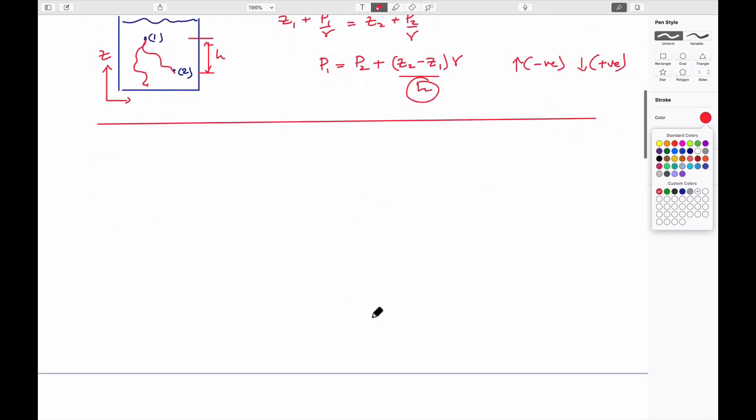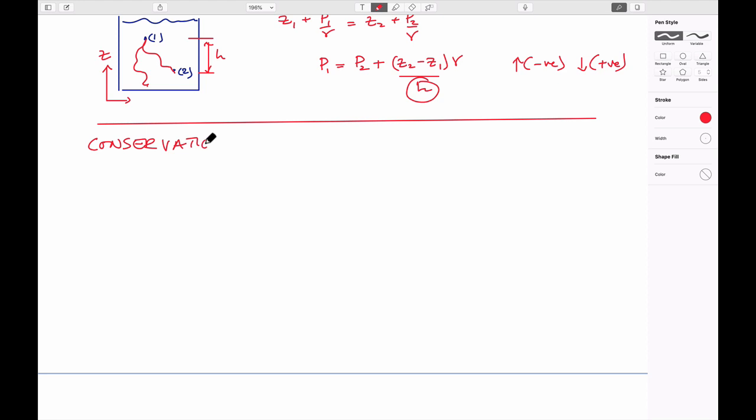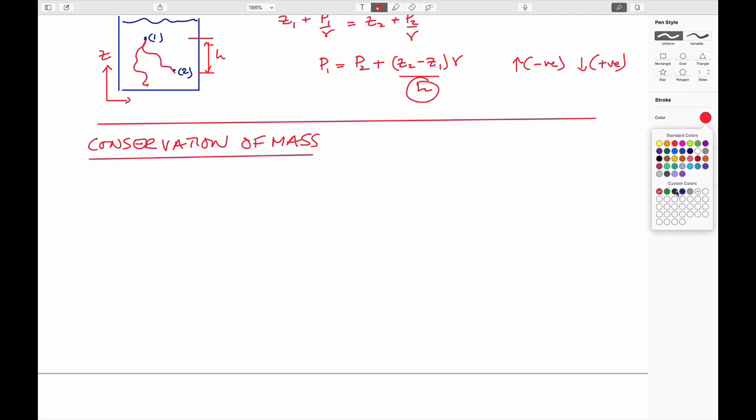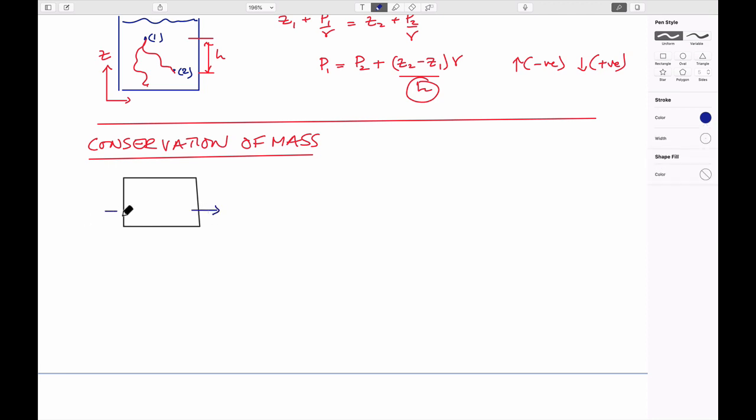In terms of conservation of mass, we usually think of that in terms of a control volume, into which we have fluid traveling, and that fluid goes across both an upstream boundary and a downstream boundary.